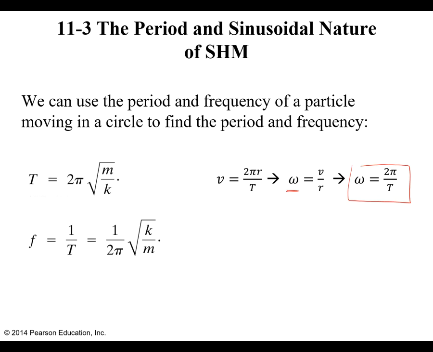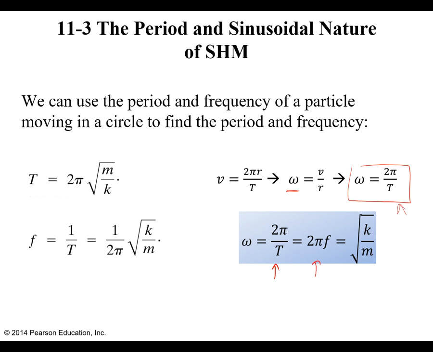But 1 over the period is just the frequency, and we also have the fact that period is 2 pi times square root of m over k, and frequency is 1 over 2 pi times square root of k over m, so we can combine all that to get these three different forms of angular frequency. We get 2 pi divided by the period, or 2 pi times the frequency. Those both come straight from the equation that we just derived.